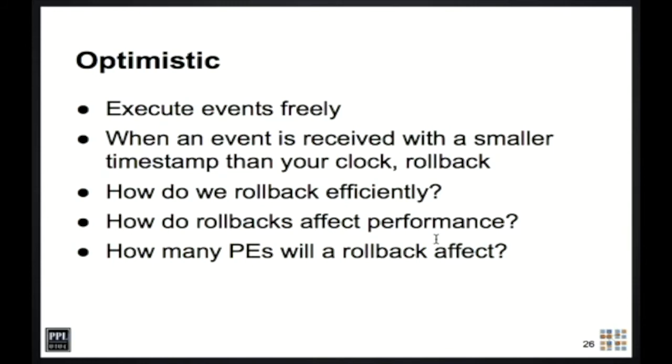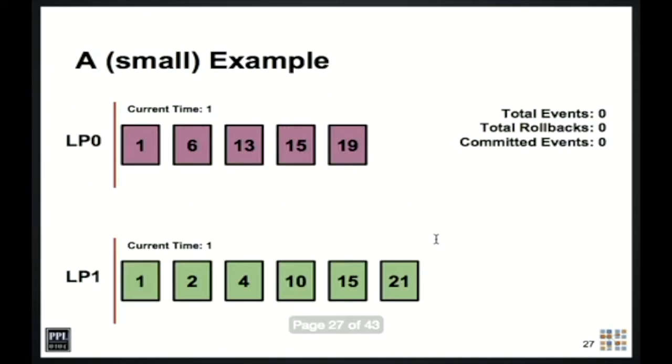Some questions that come up here are, how do we actually do this rollback efficiently? How do rollbacks affect performance? And how many PEs will a single rollback potentially affect? Again, there are a number of different ways in which you can do this type of synchronization.